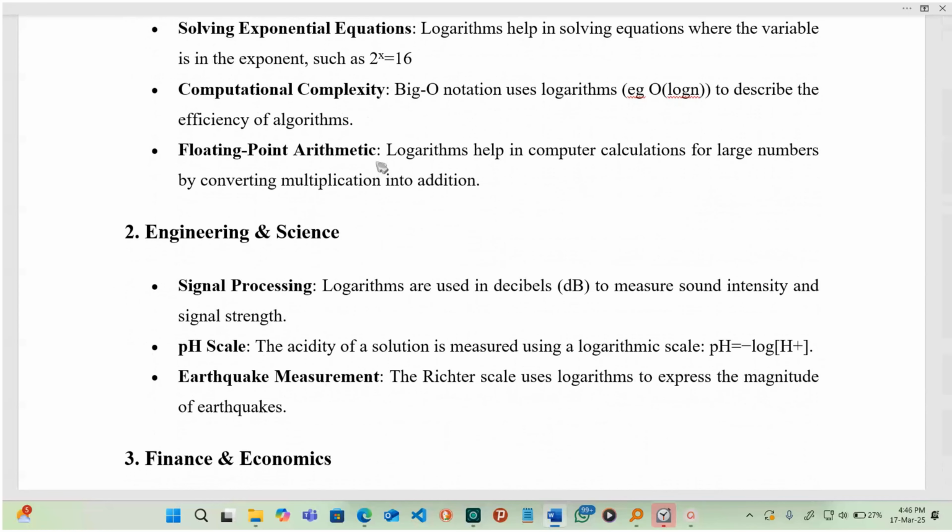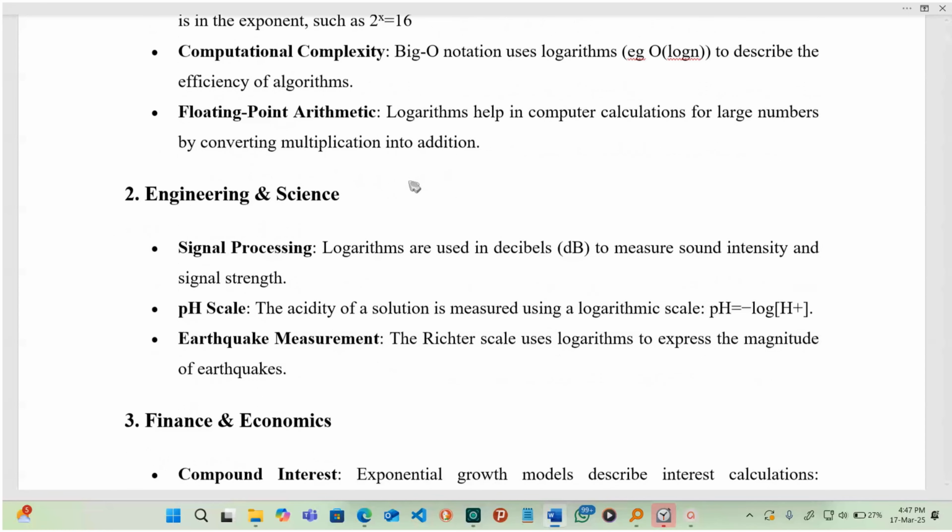Then the floating point arithmetic, you find that logarithms help in computer calculations for large numbers by converting multiplication into addition. So that's how the computers understand some of these things.